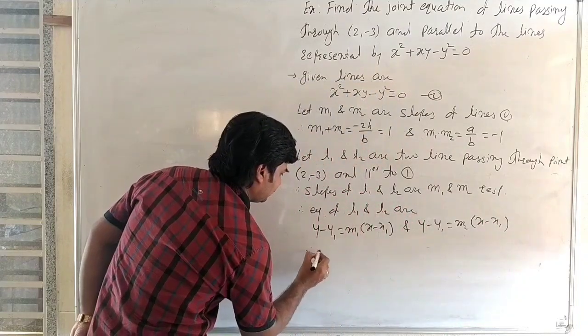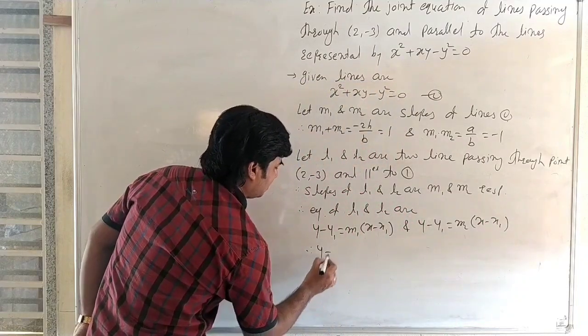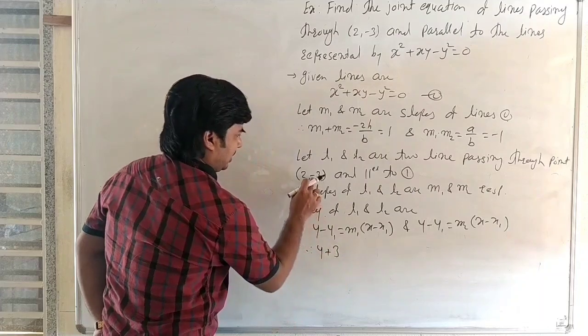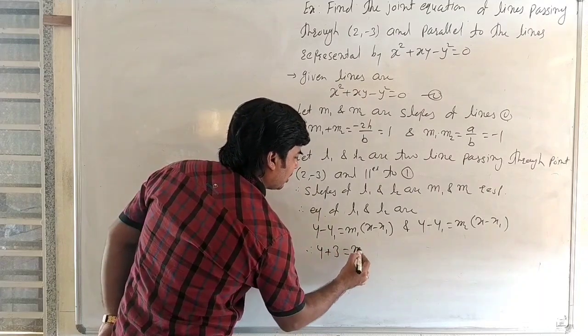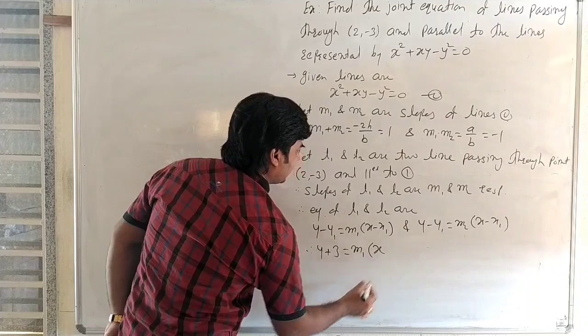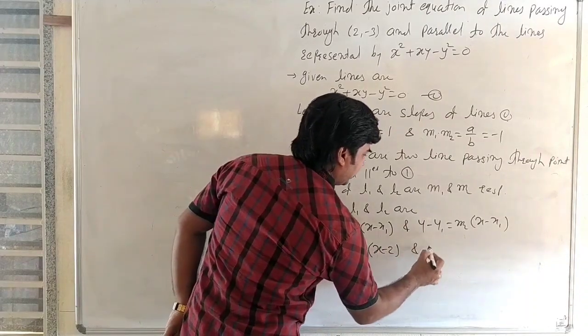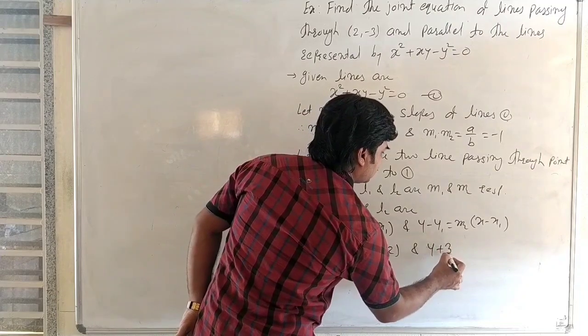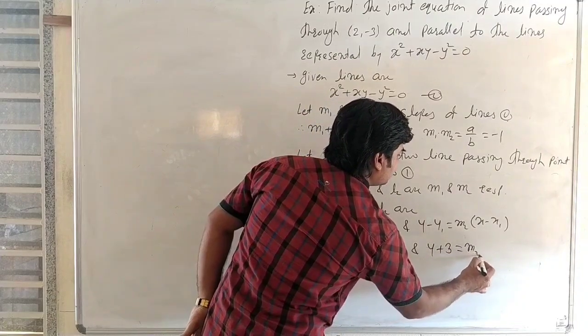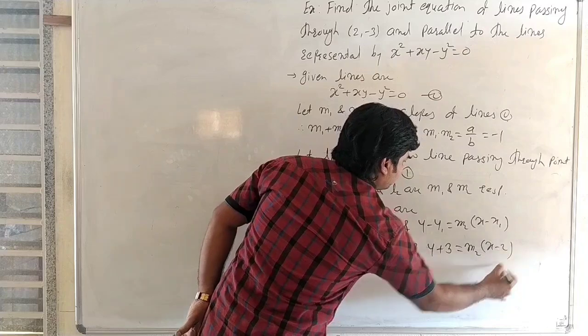Therefore, we can write y plus 3 is equal to M1 into x minus 2, and y plus 3 is equal to M2 into x minus 2.